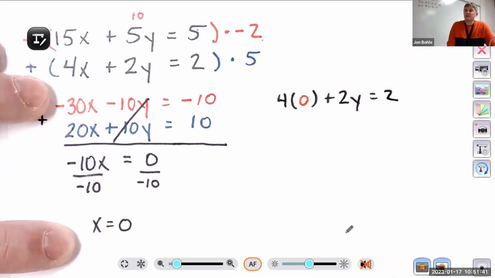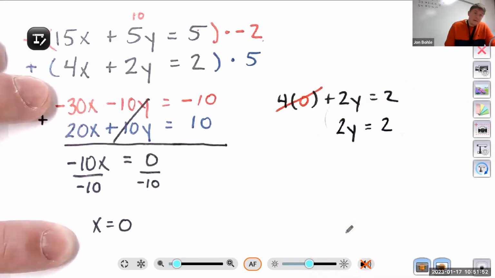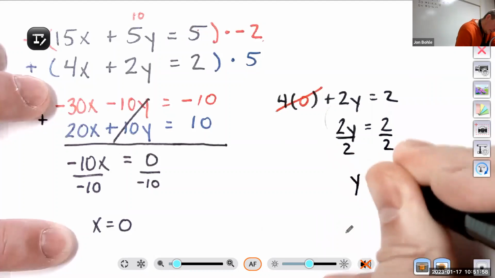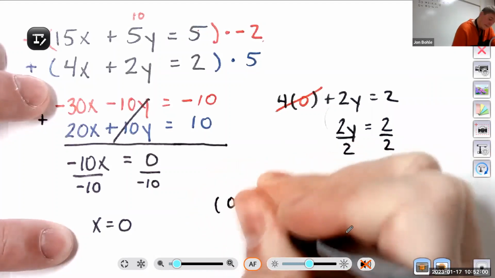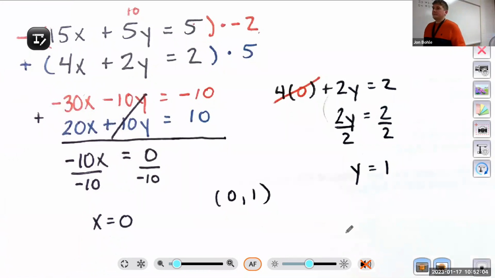Okay, 4 times 0 is 0, so this will just go away. I'm just going to cross it off. So then I'm left with 2y equals 2. And divide by 2. Y is equal to 1. So my answer is 0, 1. Okay.